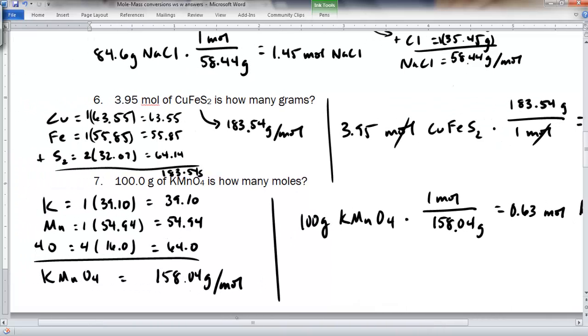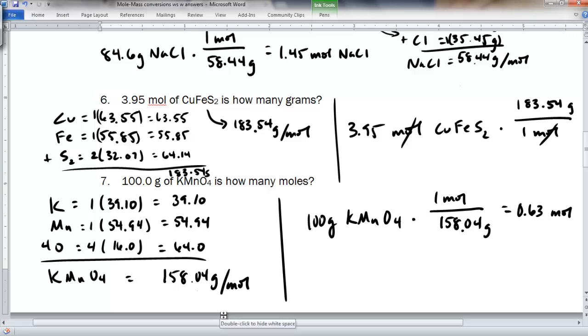The next problem is similar, although it's the reverse, because I've been given grams and I'm trying to figure out moles. This KMnO4 material has 1 potassium, 1 manganese, and 4 oxygens. What you do is multiply the number of atoms in that formula by the atomic masses of those elements, and add all that up.